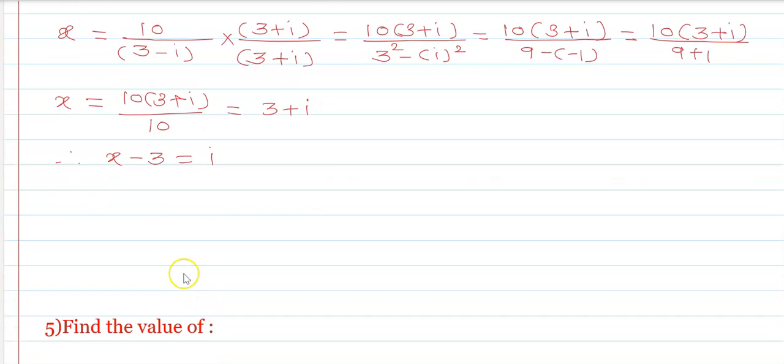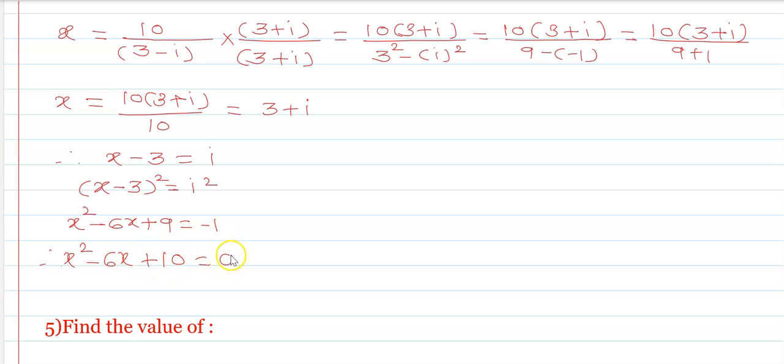Therefore x minus 3 bracket square is equals to I square, x square minus 6x plus 9 is equals to minus 1, and hence x square minus 6x plus 9 plus 1, that is 10, is equals to 0.